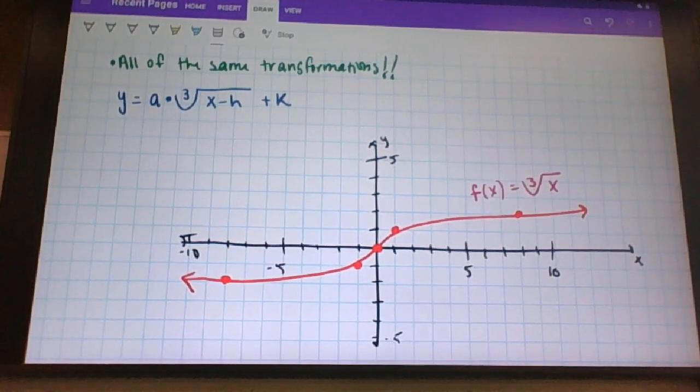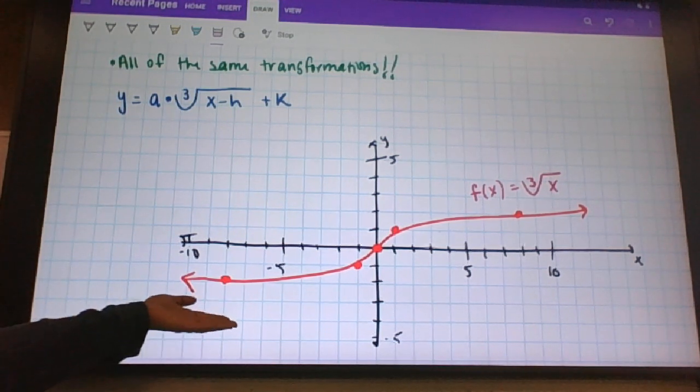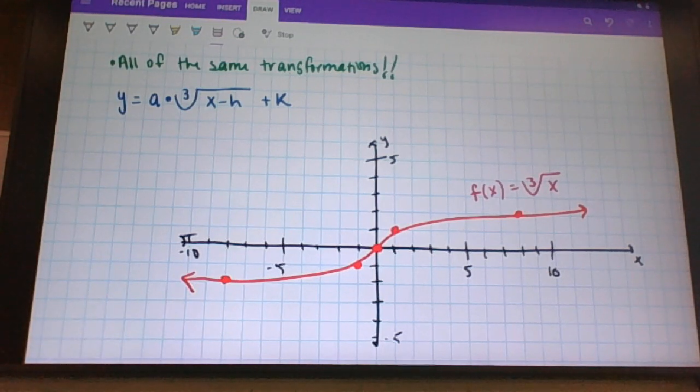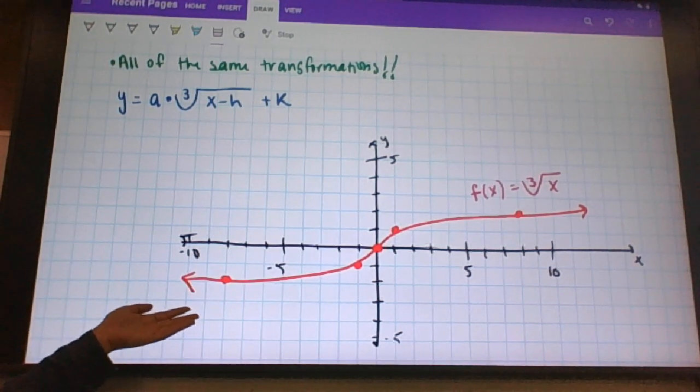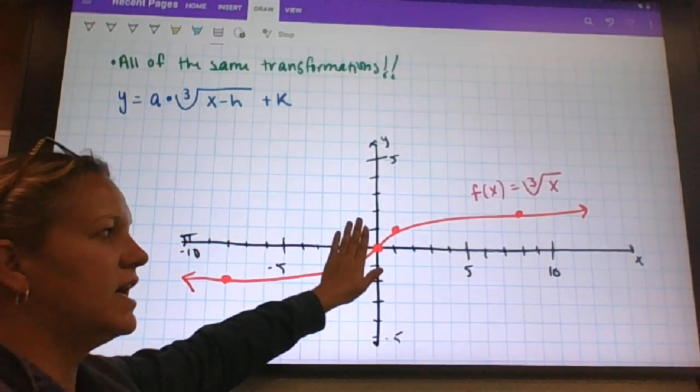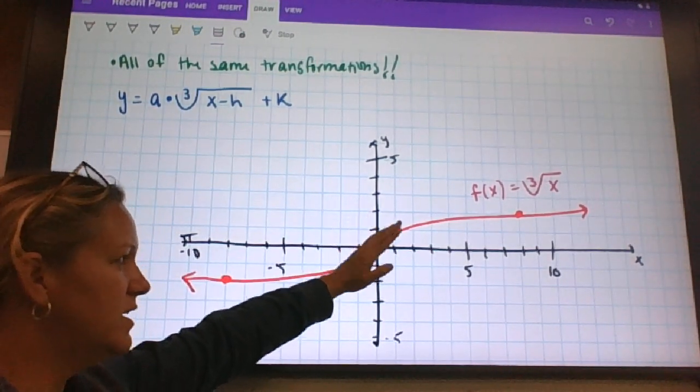Let's talk about how this compares to the parent square root function. From this point forward, they kind of look pretty similar, but this one gets to keep going.